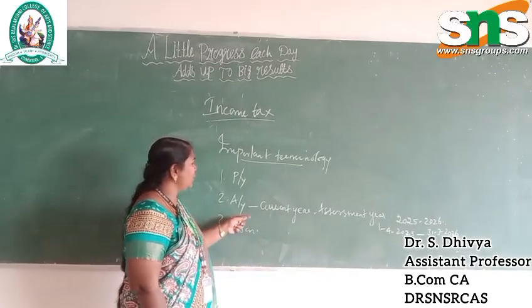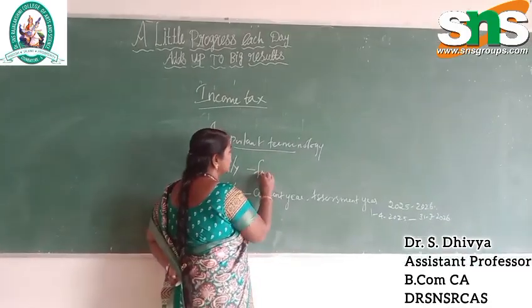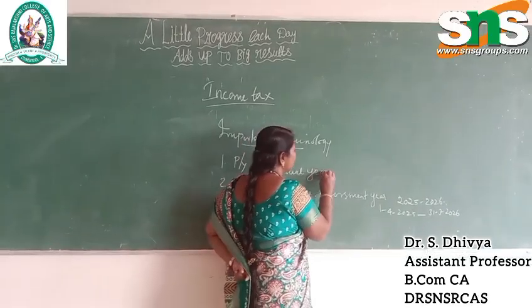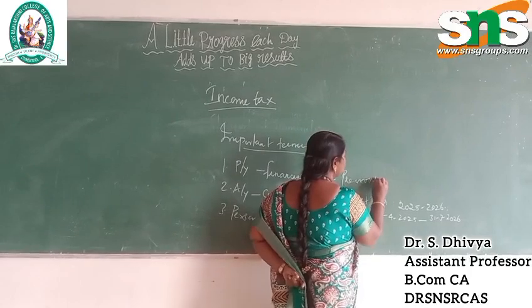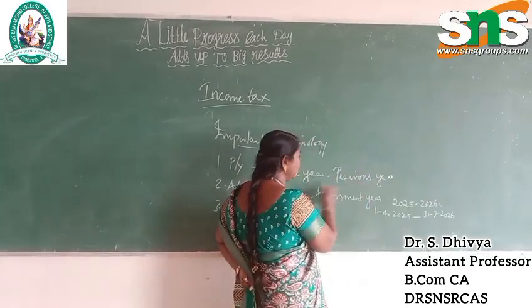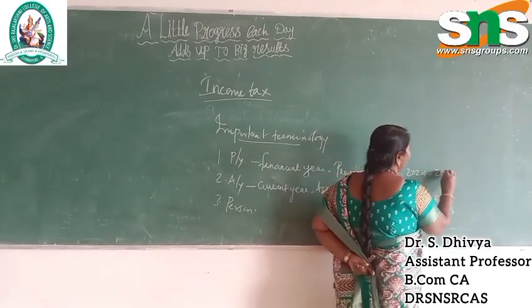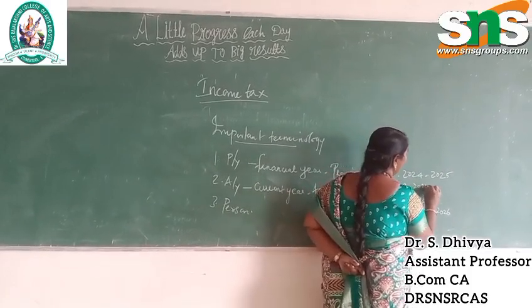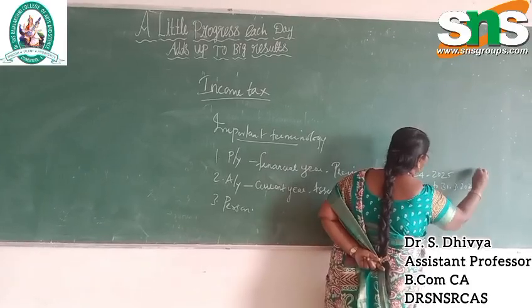When we talk about the previous year, otherwise we can say it is the financial year. The financial year is called the previous year. So what is the previous year? It is 2024 to 2025; in brief, 1/4/2024 to 31/3/2025.